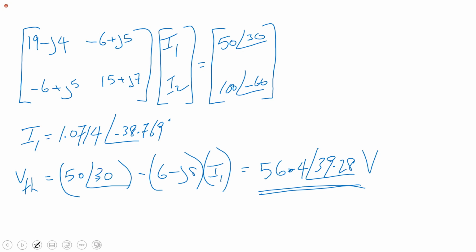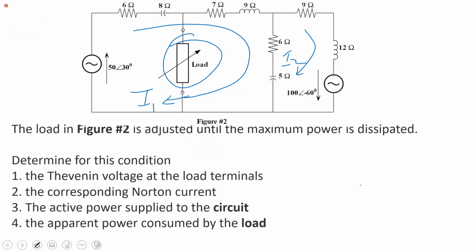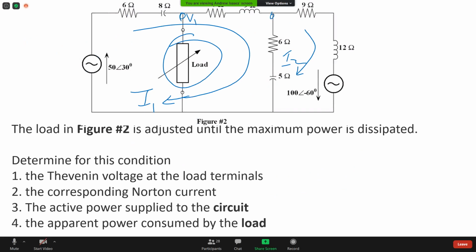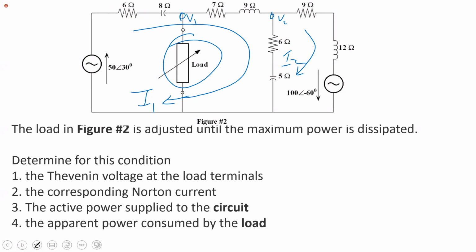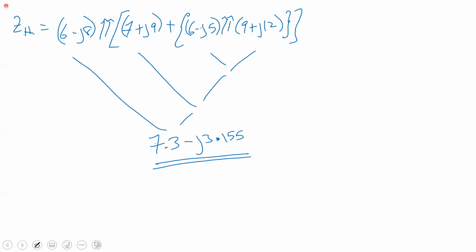If you made this node 1 and this node 2, instead of finding I1 using mesh and then using 50 minus that, if you use V1 and V2, once you find V1, that is V Thevenin, and you're done. But to each his own. I'm not going to try to get you to think like me.